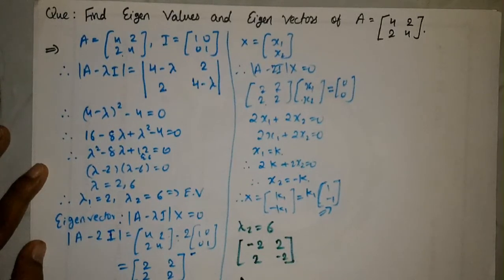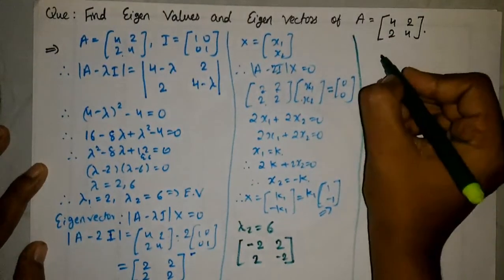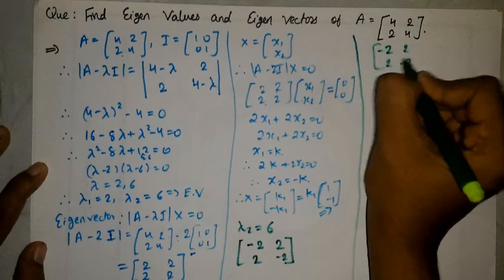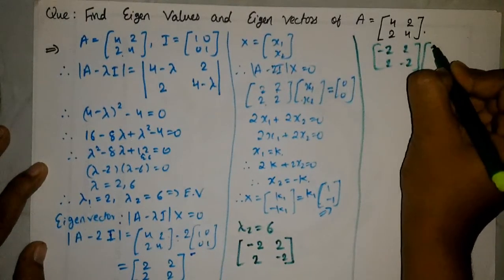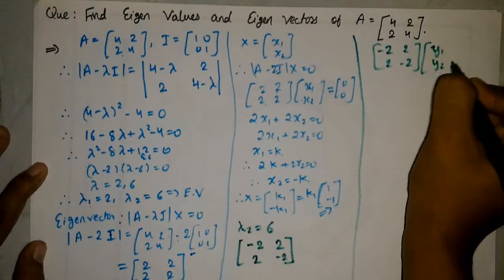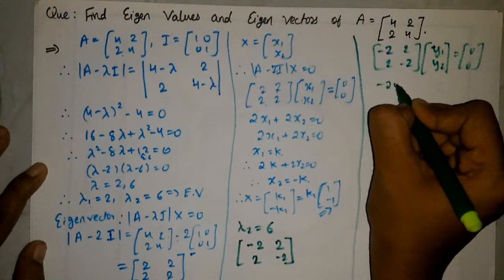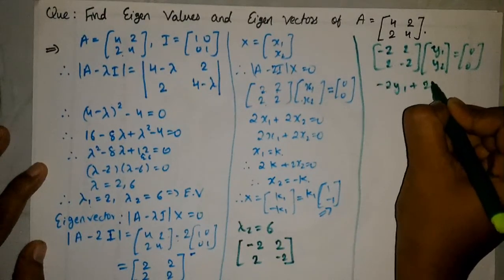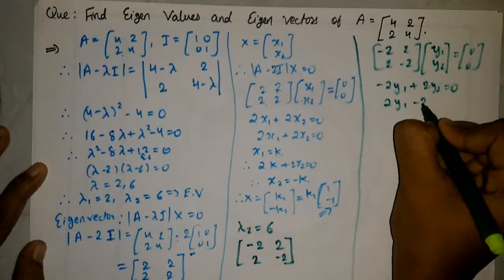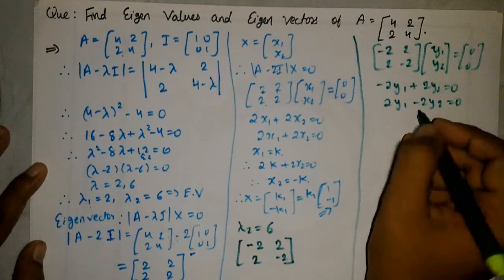Now multiplying this with the vector, let us assume it is [y1; y2], we get [minus 2 2; 2 minus 2] into [y1; y2] is equal to [0; 0]. So minus 2y1 plus 2y2 is equal to 0, this is equation 1, and second, 2y1 minus 2y2 is equal to 0. These are also the same equation if we take the sign common.